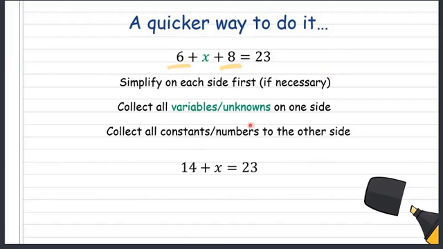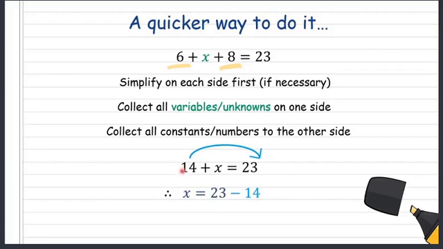Now we want to get the variables on one side. We'll just keep x where it is. So there we have it on one side. And now we'll take the constants, or the numbers, to the other side. A very important thing to note with this method is that when you take a number to the other side, it becomes a minus.